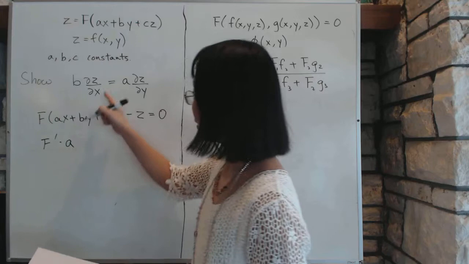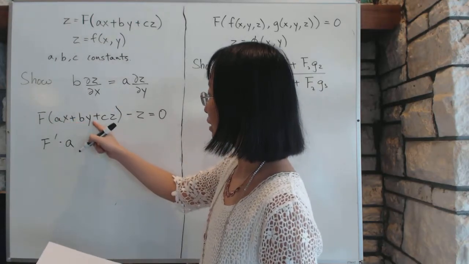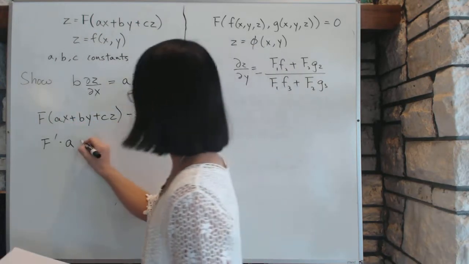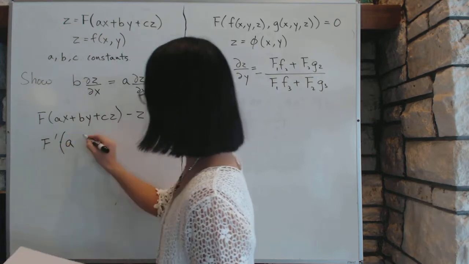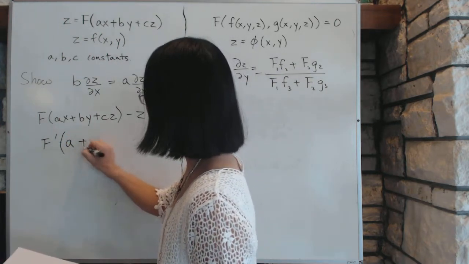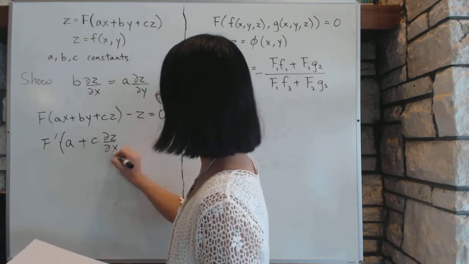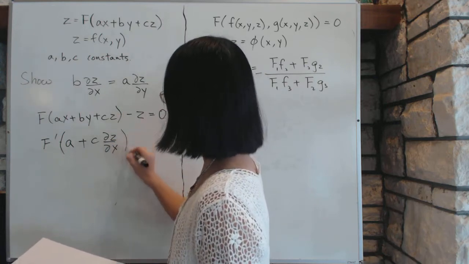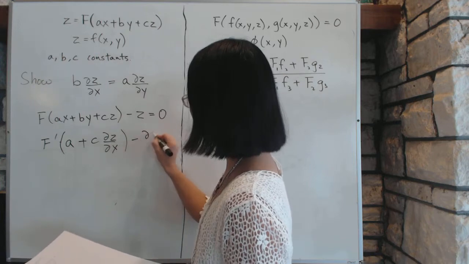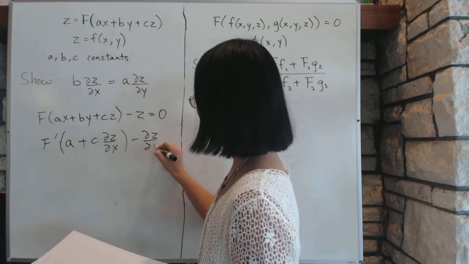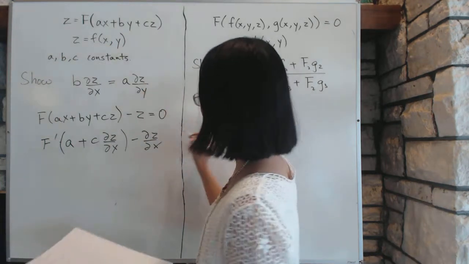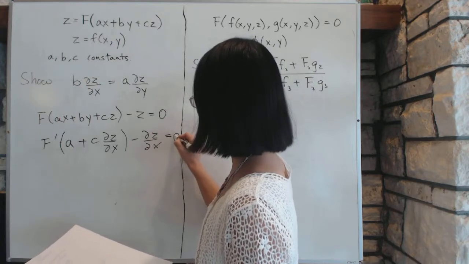Okay, we're taking partial with respect to x, so y is a constant, plus c partial z partial x, since we're doing x. And then minus, here's another partial z partial x, because right now we're taking z as a function of x, and this whole thing will be equal to 0.